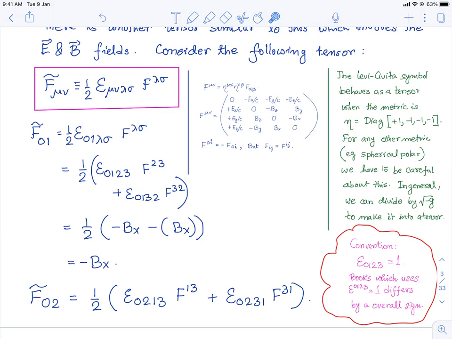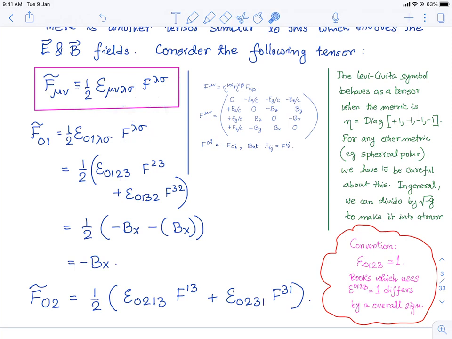So if it has to be distinct, then lambda and sigma can only range over 2 and 3, because 0 and 1 have already been occupied. Let's say in the first term lambda is 2. Now sigma can also be 2, but then this term would vanish because F is antisymmetric, and therefore this is also antisymmetric. So there cannot be any 2, 2. They have to be distinct.